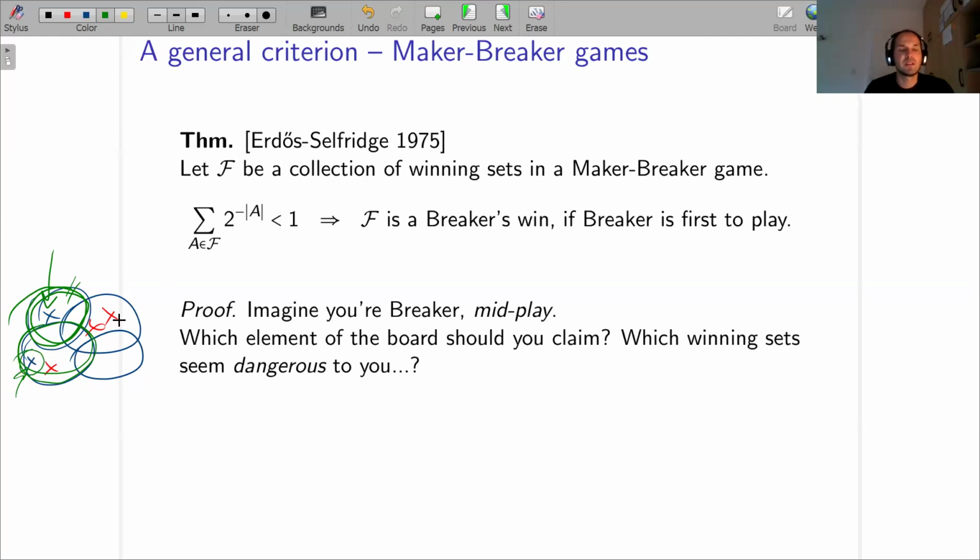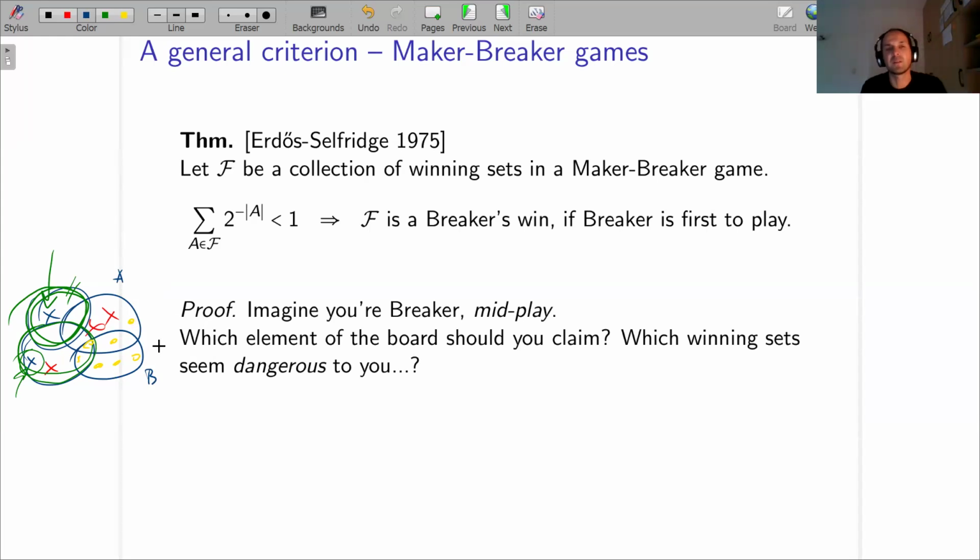But if we look at these two sets, for example, this one, let's use another color, yellow, has two unclaimed elements and two red elements. And this one has, let's say, this many elements. Then it's easy to see, hand-wavingly, that A compared to B is more dangerous because it's closer to being completed to a completely red winning set.